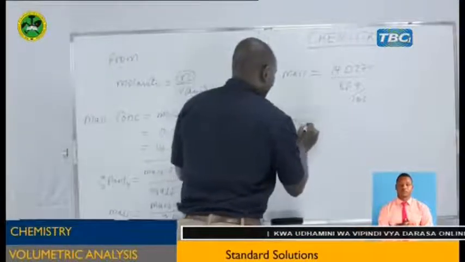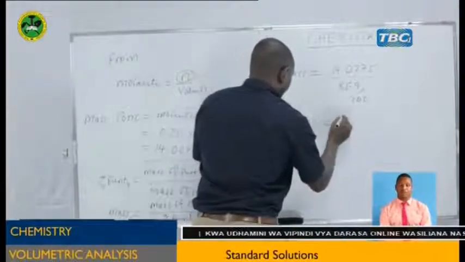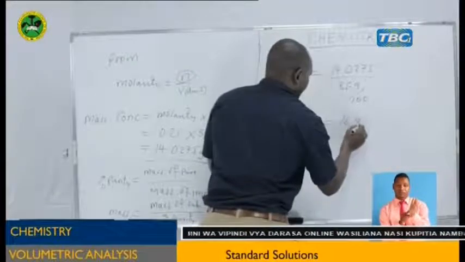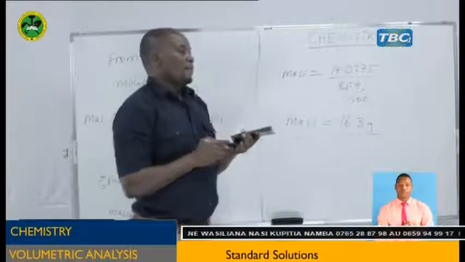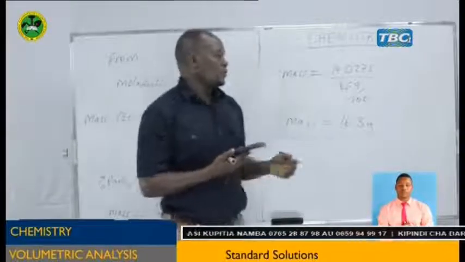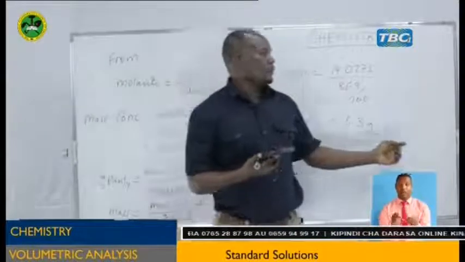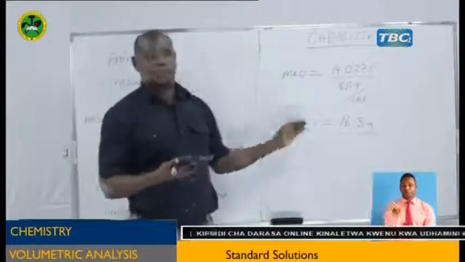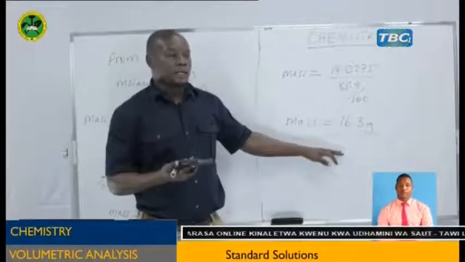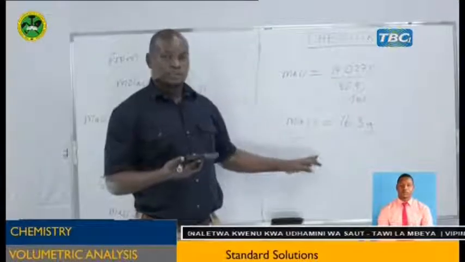So the mass will be equal to 16.3 grams. This is the mass that we were supposed to find, since we were told to calculate the mass of potassium hydroxide.